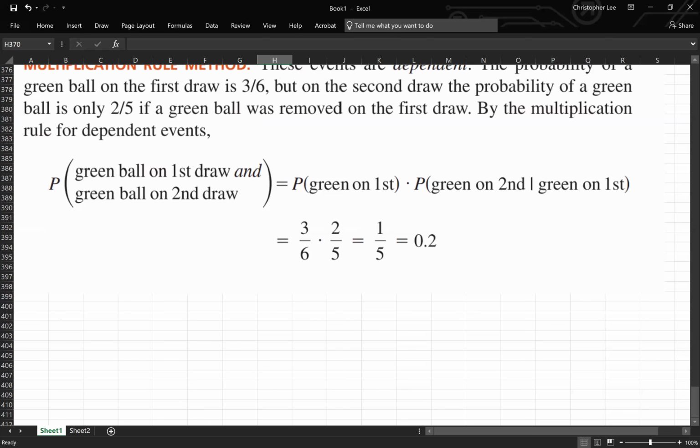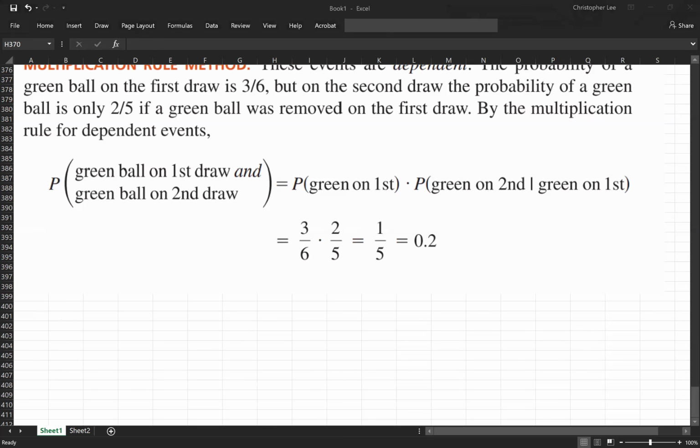Let's look at another one. Wait, this is not another problem, you're just showing us the same thing? Yeah, just 2 ways to answer it.